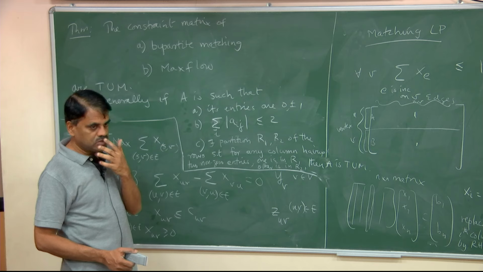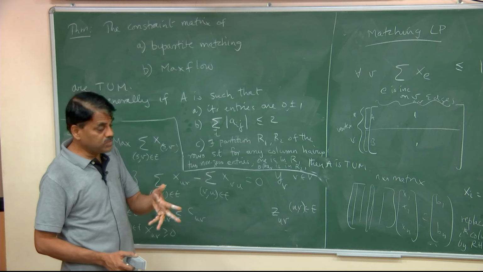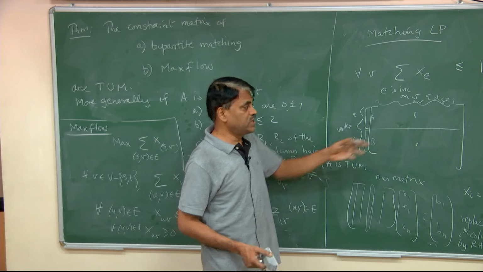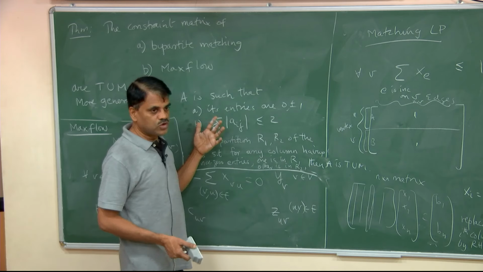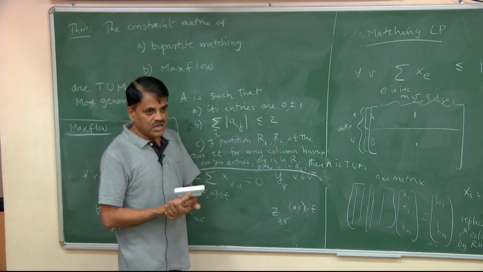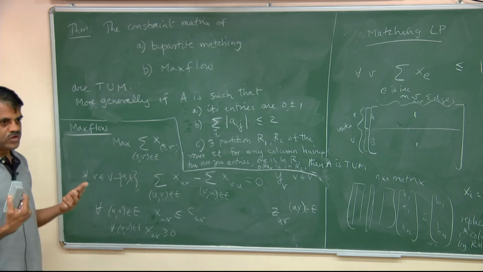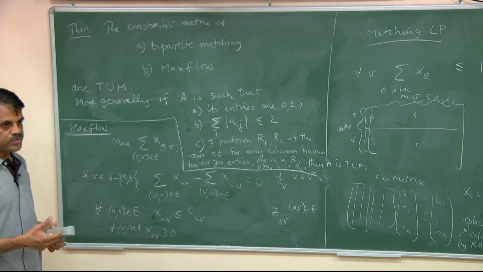Agreed? This is true only for bipartite, because if it's non-bipartite, I might have two ones in the same part and I can't show that it's totally unimodular. In fact, we've seen an example that for non-bipartite, the optimum value of maximum matching is not integral.